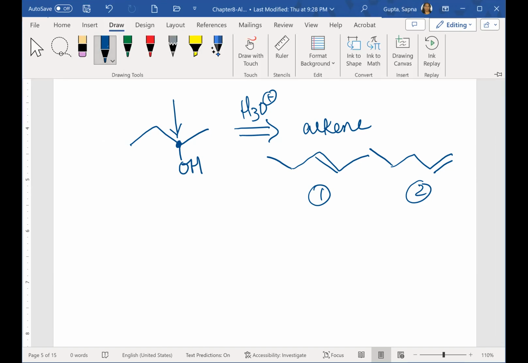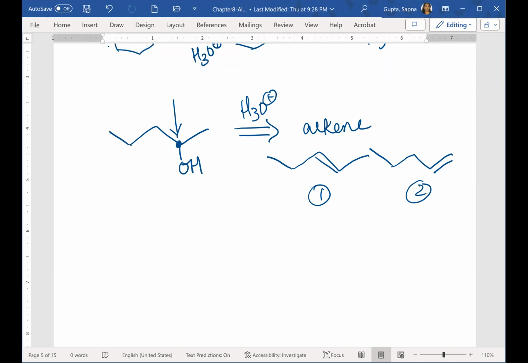Anyone? More? One more. My chat lit up. First one. Okay. All right. Well, that's okay. Since this is our first retrosynthesis that we are doing, it's actually the second one.